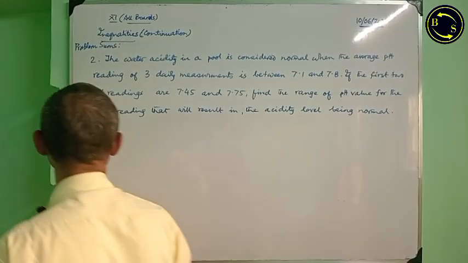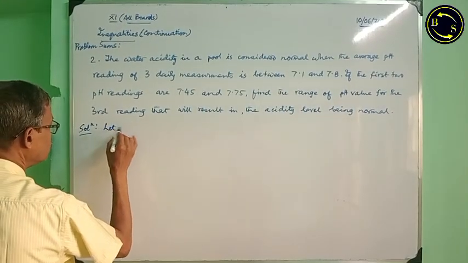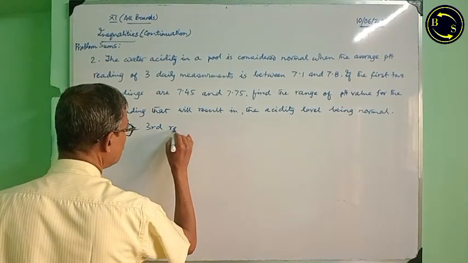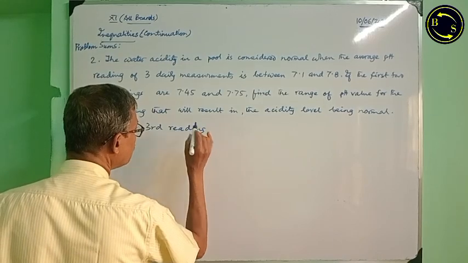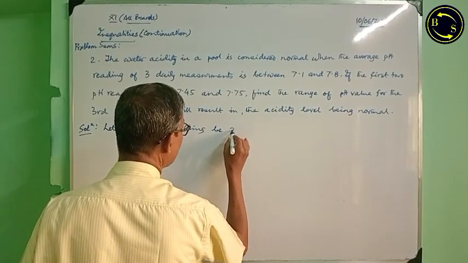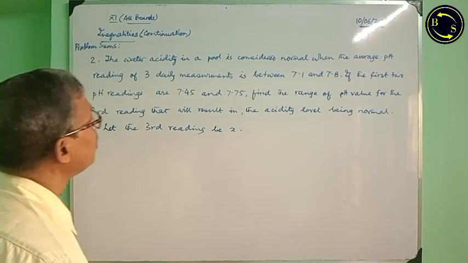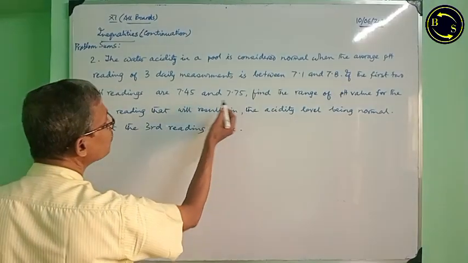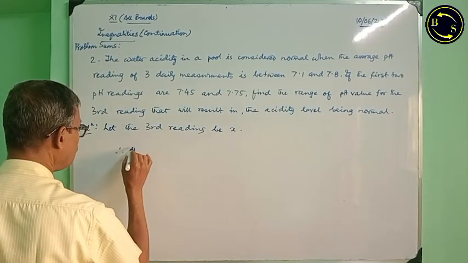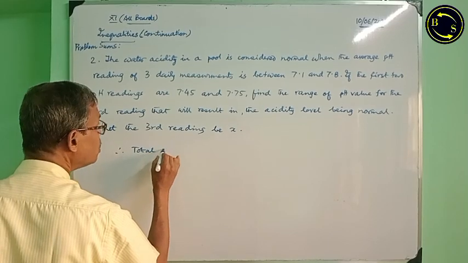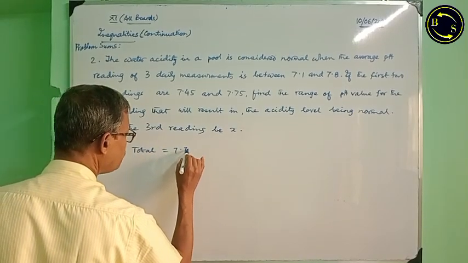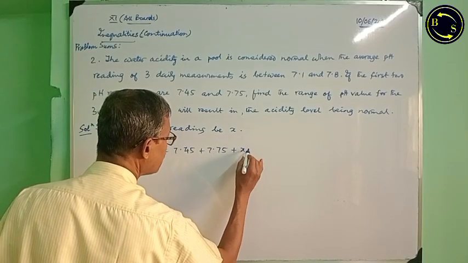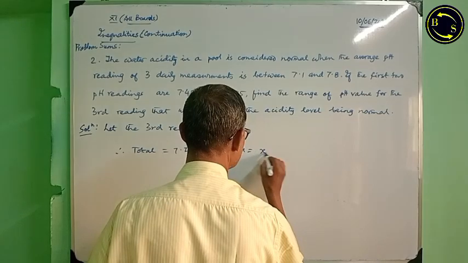Let the third reading be X. Now, first two readings are this, therefore total is 7.45 plus 7.75 plus X. X plus 15.2.